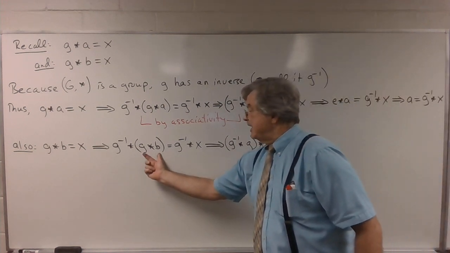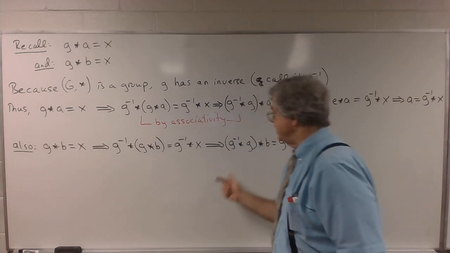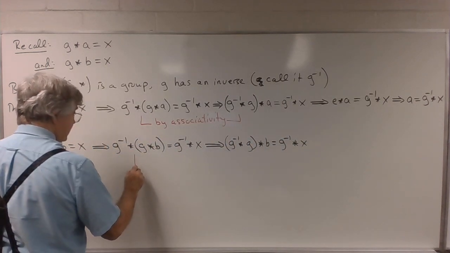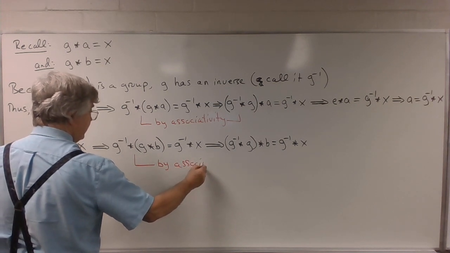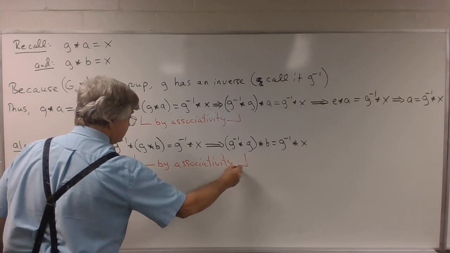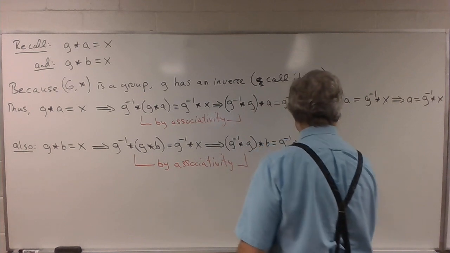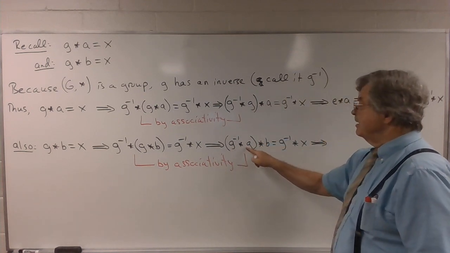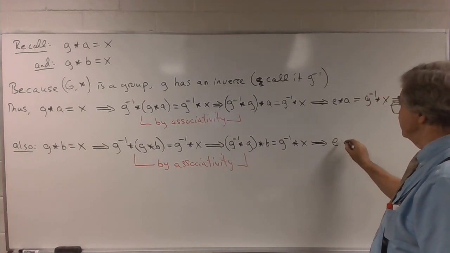So we can change the pair of elements that we associate together first. And an element star its inverse is just the identity.